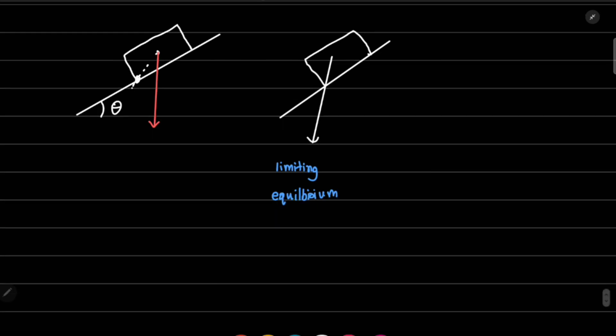If I tilt it any further, the lamina will fall because it won't have a support under it.